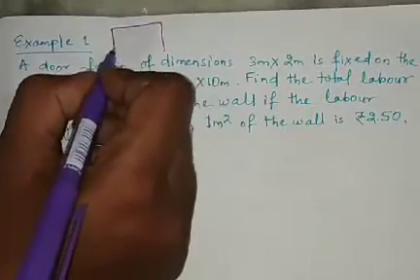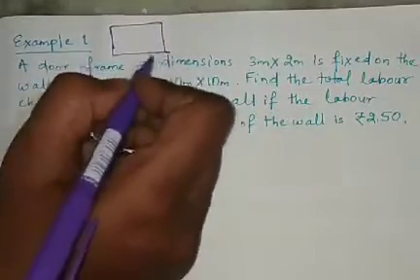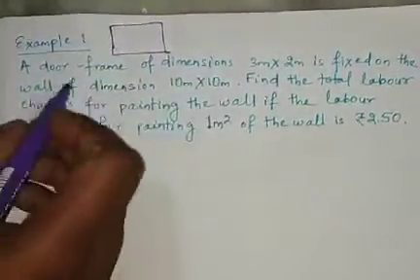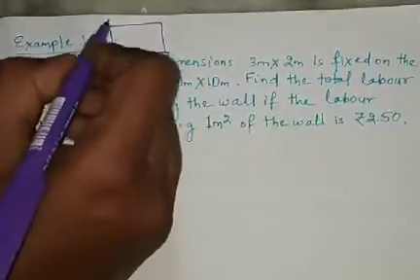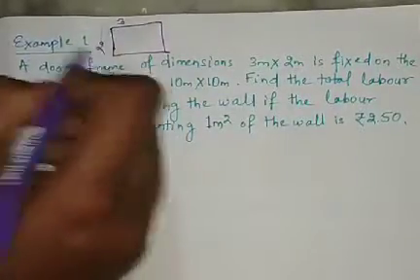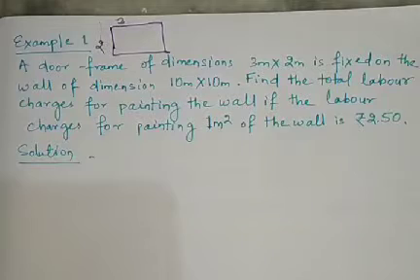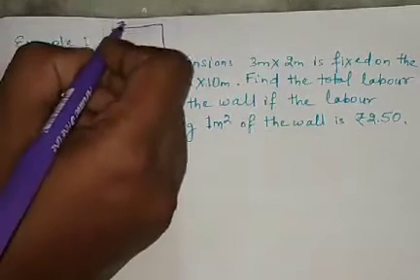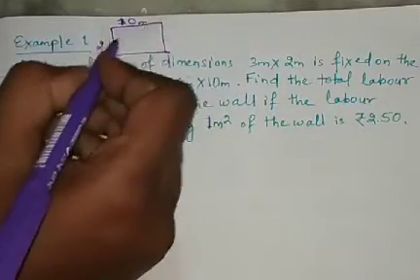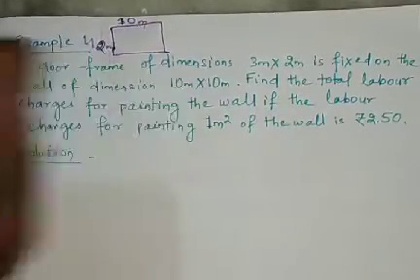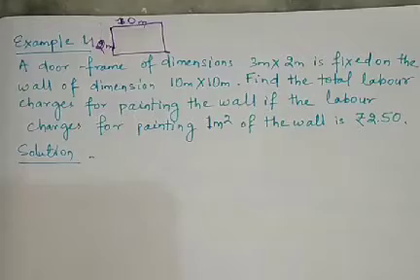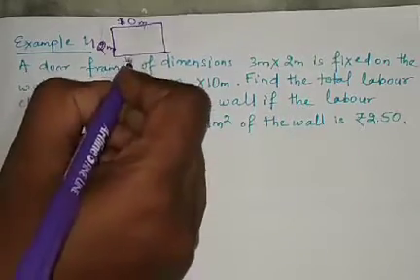So you cover all this, but what is the dimension given here? 3 meter and 2 meter. Sorry, it is 10 meter and 10 meter. So it is the dimension of the wall.